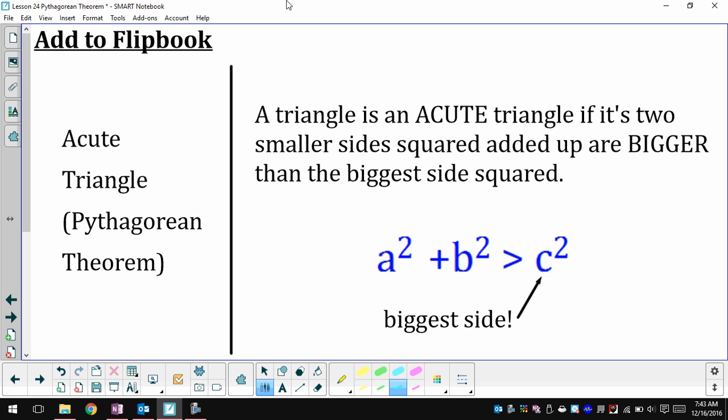And last but not least, of course, if we plug the side lengths into the Pythagorean Theorem, and now we find that c squared is the smaller side, or a squared plus b squared is bigger, so the two smaller sides squared and added is bigger than the largest side squared, then we'll call it an acute triangle, which means, if you remember from a few weeks back, all the angles are smaller than 90. All the angles are acute angles.